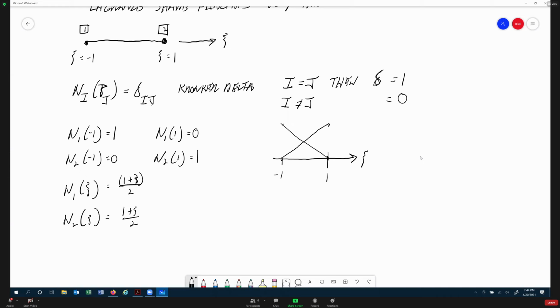As we go from this node at C equals -1, as we travel in the positive C direction, this Lagrange function is going to go from 0 to max out at 1. And the other shape function is going to start out at 1, and as we go from -1 to 1, it's going to go to 0.